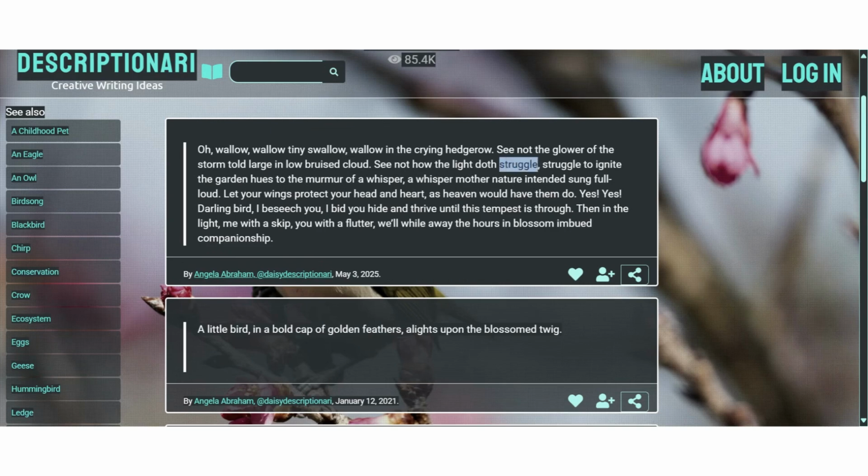Here, the word struggle is separated with a comma. I call that a stutter repeat. It enables you to write a long poetic sentence rather than putting in full stops or periods, which gives the writing a different cadence, a different pace.